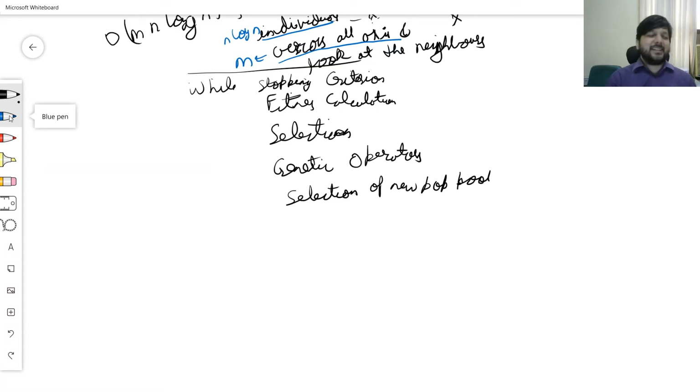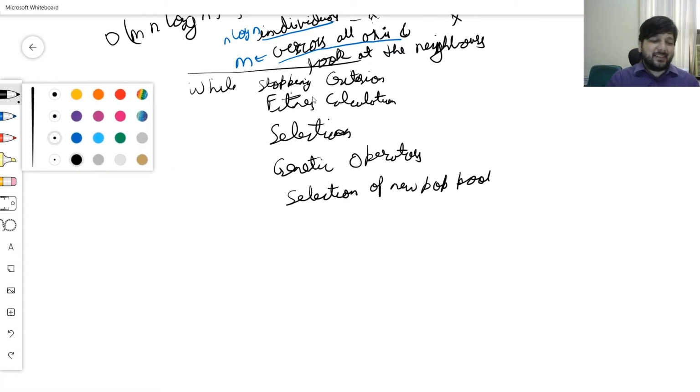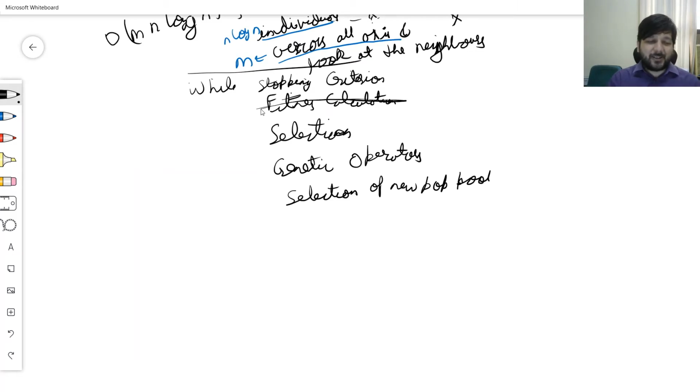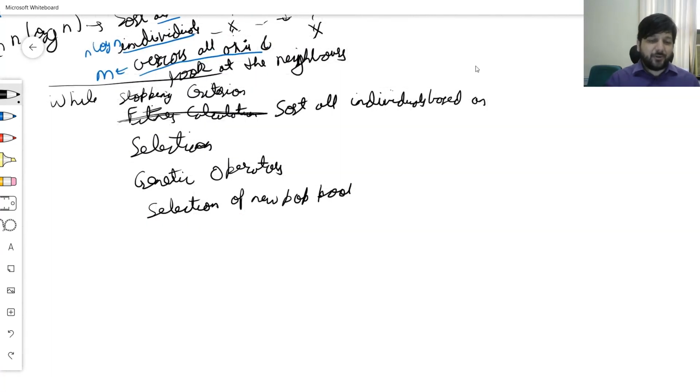Now, it turns out in NSGA there is actually no fitness calculation because I did not give you a fitness function, but selection is still possible because I sort all individuals based on Pareto rank, and that's primary.